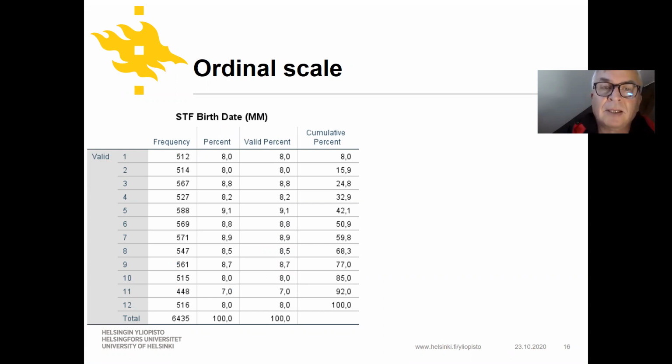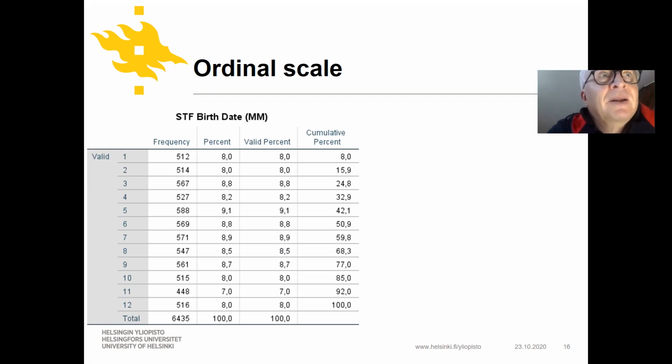Next, you have a nominal scale in which you have groups. You can have people from Helsinki, from Tampere, and from Oulu in Finland, different towns. They are not ordered in any way. You can order them by something, but then it becomes something different.